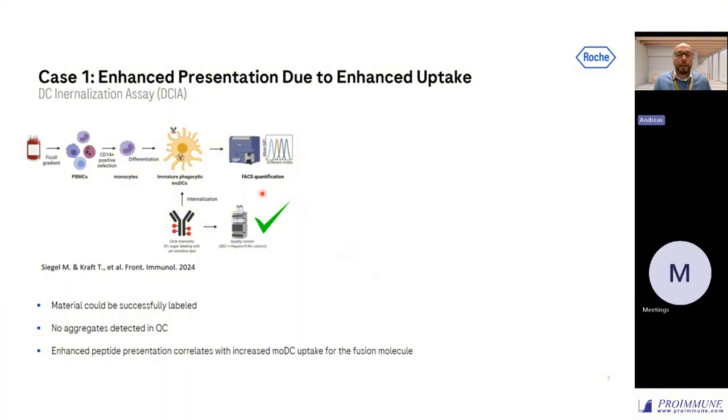We also include a quality control to make sure that the DARs of the labeling are comparable between molecules, and to see if there are any unwanted species like aggregates or split products present. But in our case, they all passed this QC.